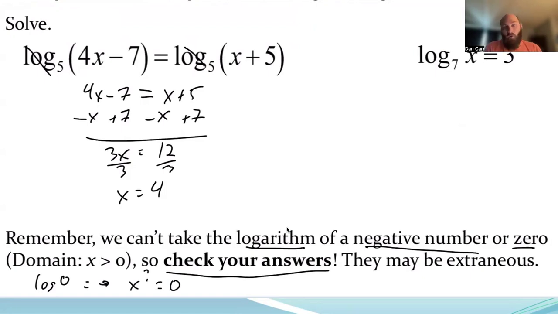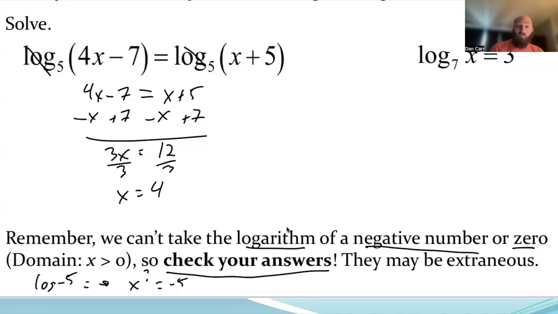And I can't raise a base x to a power and get to 0. It's just not possible. Same thing with a negative number, like log of negative 5. If I take x raised to some power, I cannot get to a negative value either.